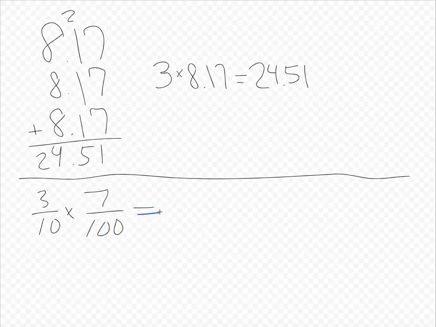When you multiply fractions, our best strategy is to simplify before we multiply, but none of these numerators can be simplified with any of these denominators. So you're going to multiply across the top. So 3 times 7 is 21. And you multiply across the bottom. 10 times 100 is 1,000.